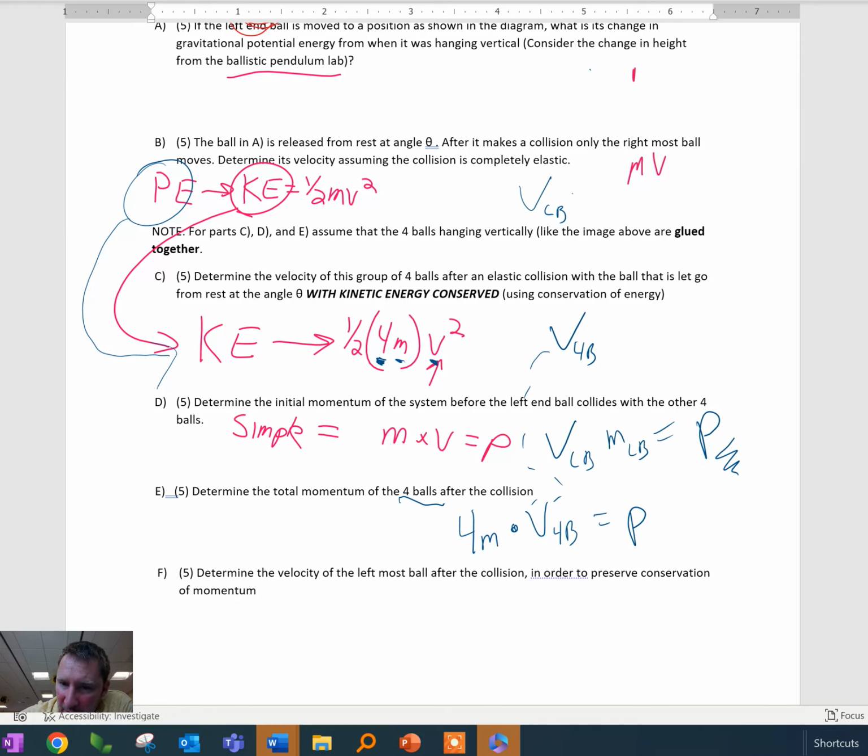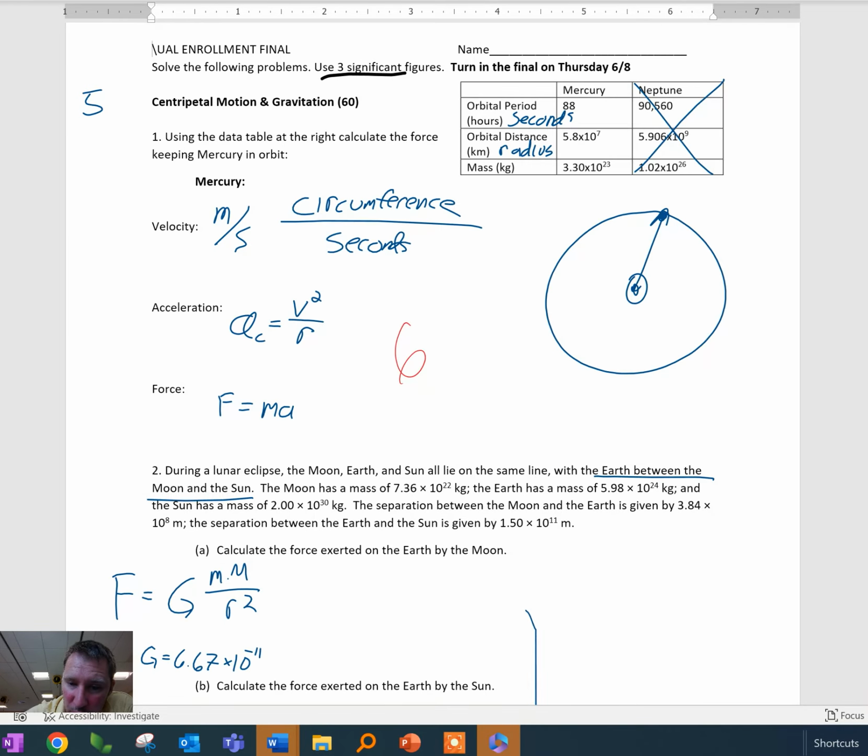You should find that there's a difference between the initial momentum and the momentum afterwards. Whatever that difference is, the difference in momentum is because that leftmost ball is going to end up recoiling.